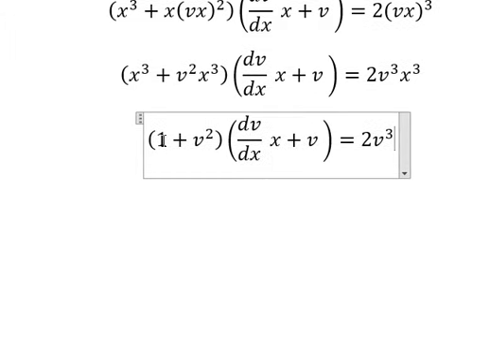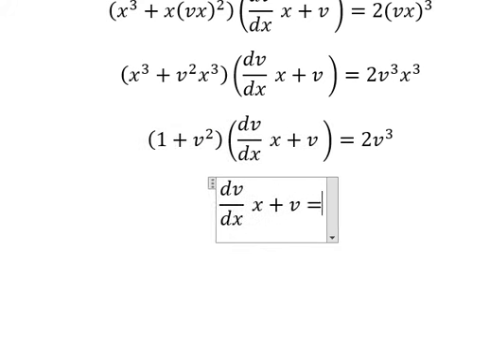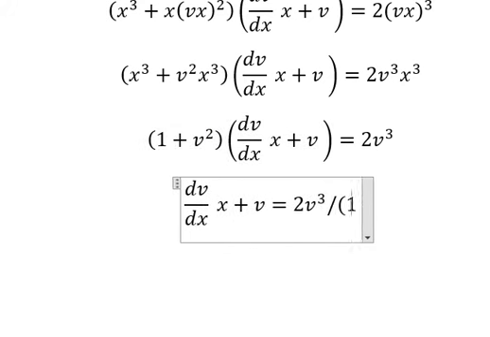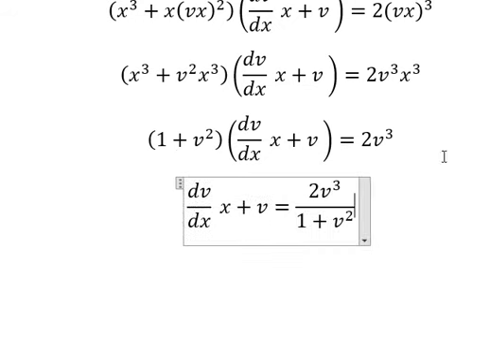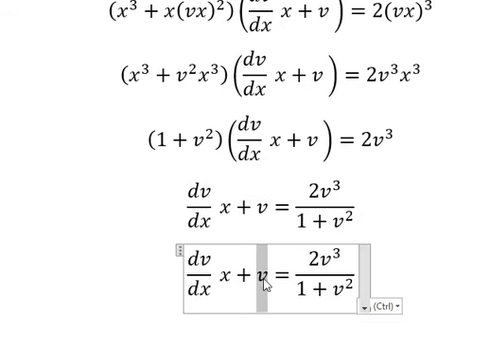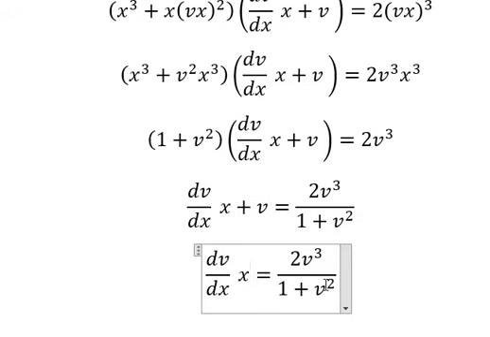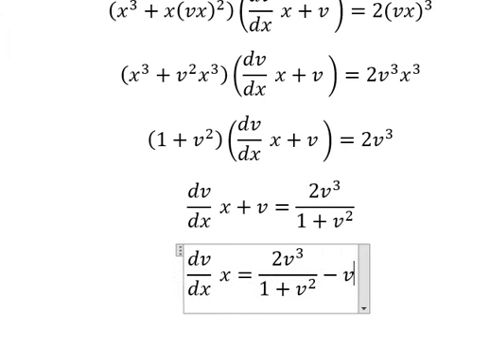Later that we divide both sides by 1 plus v squared. Next, I will put v to the right and we have negative v.